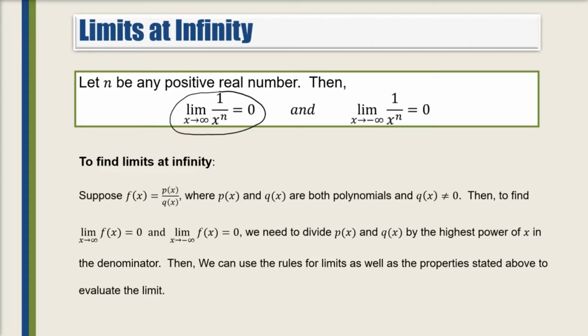If I have one thing and I'm dividing it by x to the n, well, as n gets larger, that ratio is just going to get smaller and smaller. And if I have the limit as x goes to negative infinity of 1 over x to the n, that's also going to be 0. And so we're going to use these properties to evaluate limits at infinity.